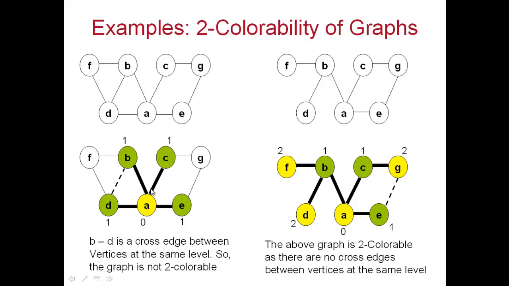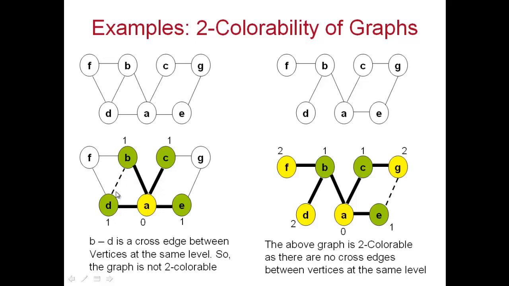Now if the question is a smaller question like this, where I just ask you, given a graph, to check if it's bipartite or not, you start from A, you encounter B, C, D, E as the vertices that can be visited, so all those are tree edges. Then you start from B, explore the neighbors of B, and you see they have an edge to D. That's a cross edge because D has already been visited through A, and both B and D are in the same level.